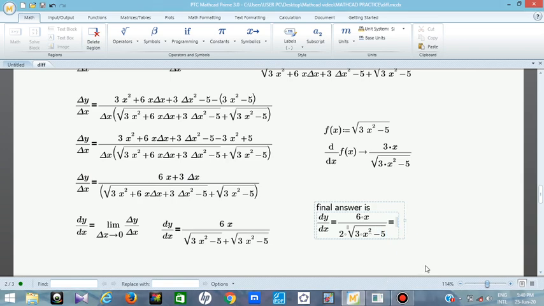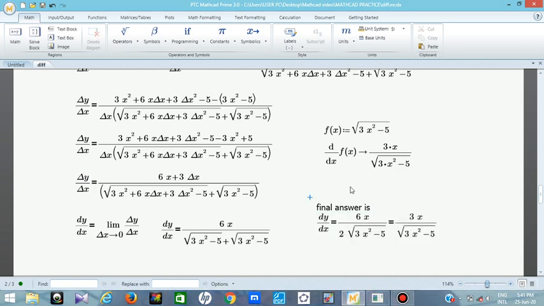So you can do that and finalize your work. So which is 3x divided by square root 3x squared minus 5. So this is your final answer, and that is that.